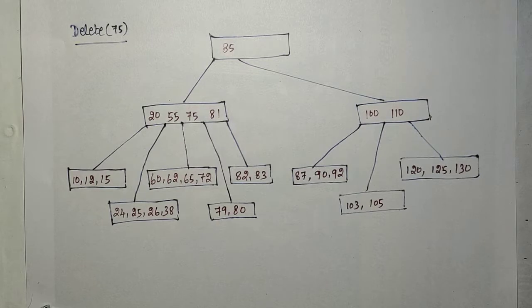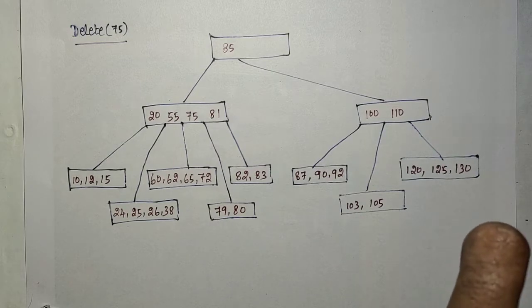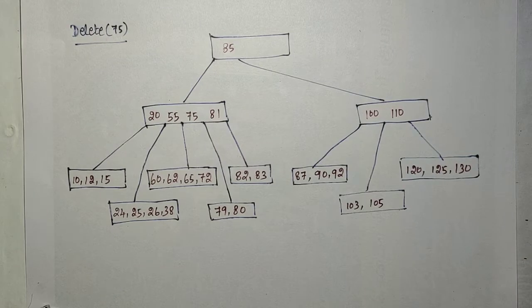In BST deletion, you choose either the left subtree or the right subtree. If you choose the left subtree, we need to pick the rightmost element. If you choose the right subtree, we need to pick the leftmost element. That element will be swapped with this element, and then the deletion continues. So there are two choices.